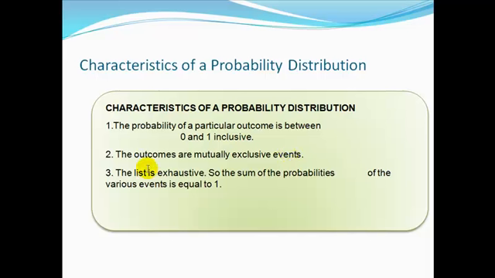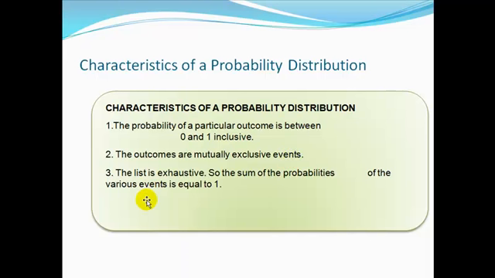It means the different outcomes can only happen once. They cannot both happen at the same time. Two heads up, for the three tosses of the coin, the two heads up and the three heads up cannot happen at the same time. We call that mutually exclusive events.